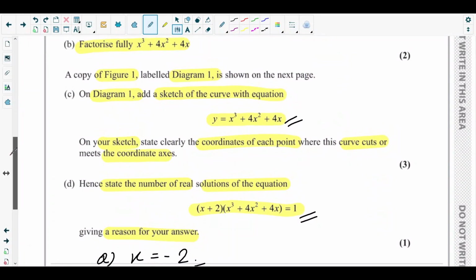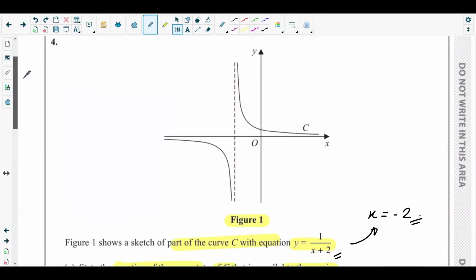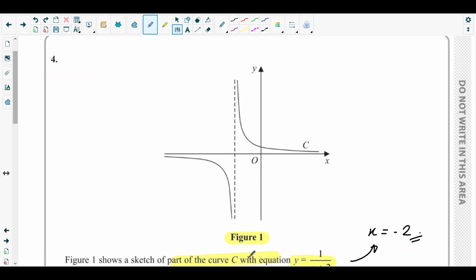And that's the end of question number 4 from the October 2023 P1 paper.